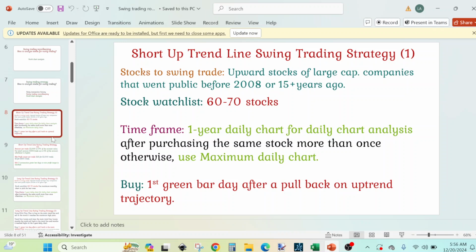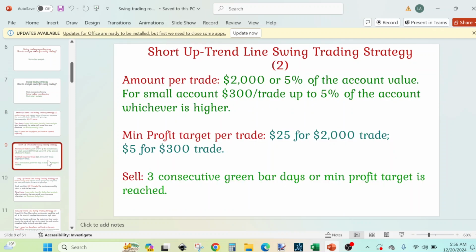During 2024 we used the short uptrend lines to trade on, aiming for small profits using a relatively small amount per trade, and sell within 3 days or so, or once our minimum profit target is reached, and trading on the one side of the swing, the side that is going up, buying and selling on that same side.